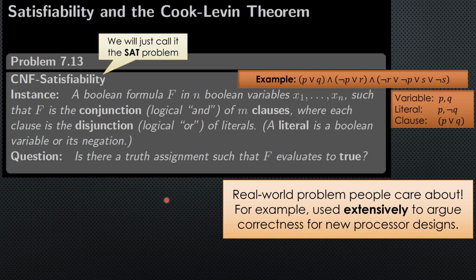There's an annual SAT solver competition where tons of money gets thrown at the best solutions, and even though in theory this problem is so hard that it might take until the sun burns out to solve a problem with 100 variables and 100 clauses, in practice you can solve some SAT problems on some formula structures with millions of variables or millions of clauses in a small amount of time and get very powerful results out of this technique.